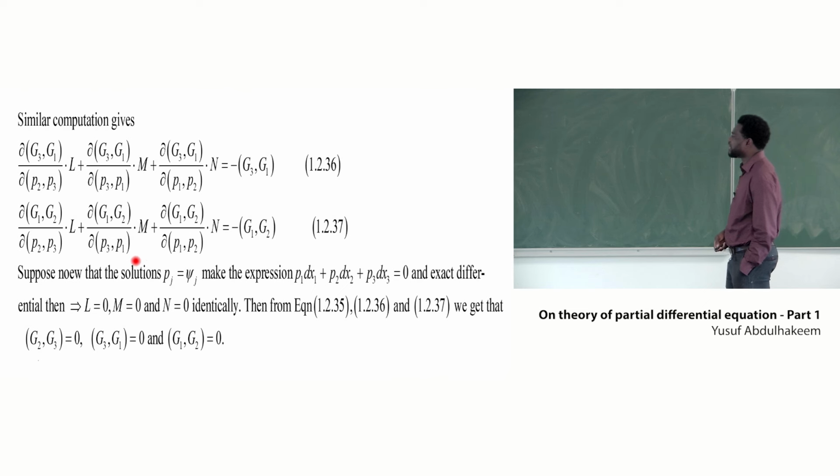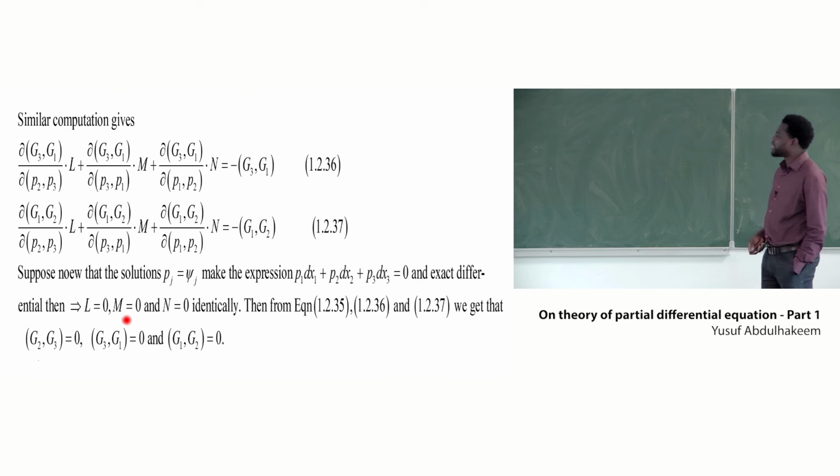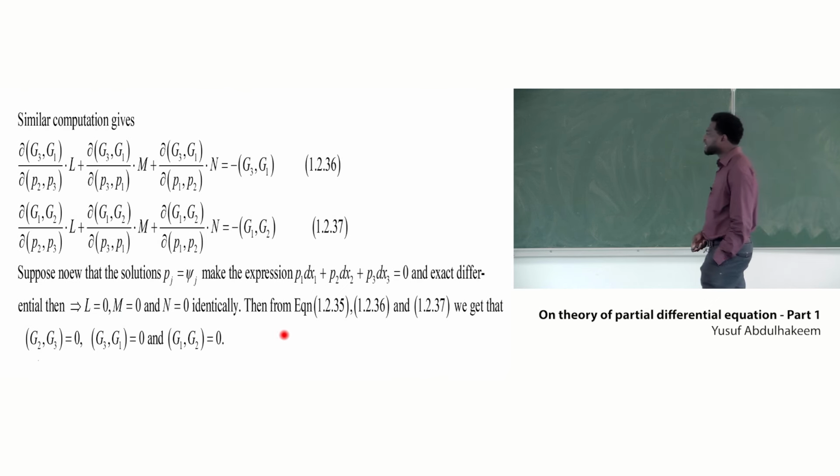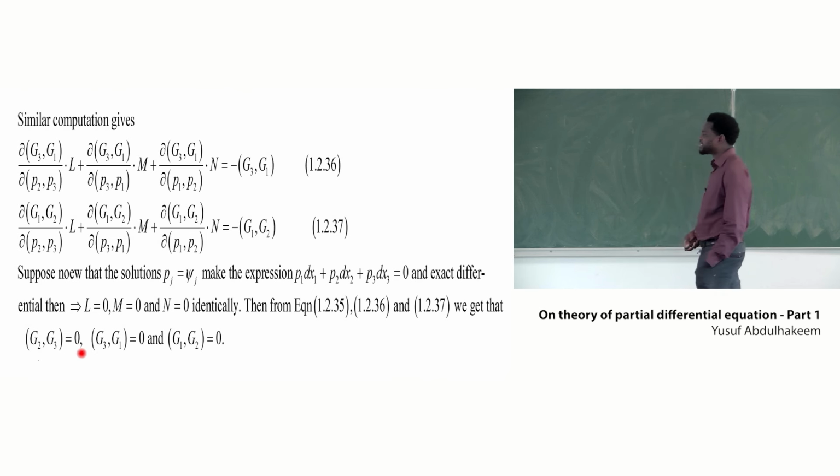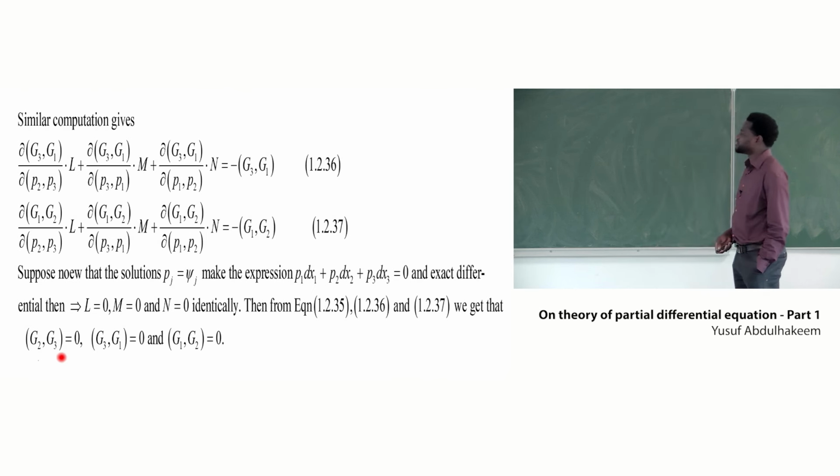Supposing now that the solution Pj, phi j makes this expression equal to 0, an exact differential, then L equals 0, M equals 0, and N equals 0 identically. Then from equations 1.2.35, 1.2.36 and 1.2.37, we get that G2, G3 equals 0, G3, G1 equals 0, and G1, G2 is equal to 0 also.